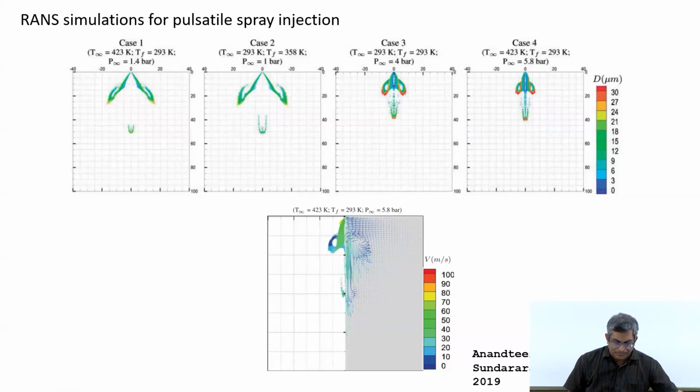And also through this simulation we can calculate the velocity of the droplets, and at the same time we see the velocity vectors for the surrounding airflow. Basically, this is a two-way coupled simulation using RANS.